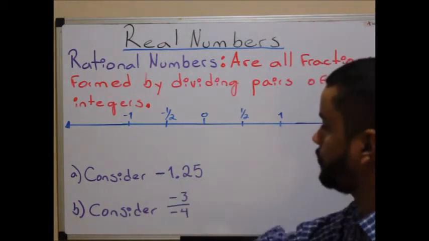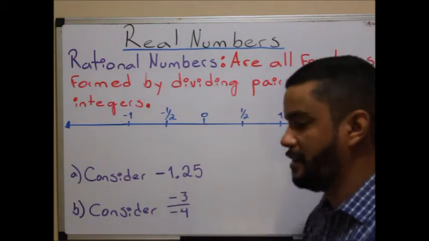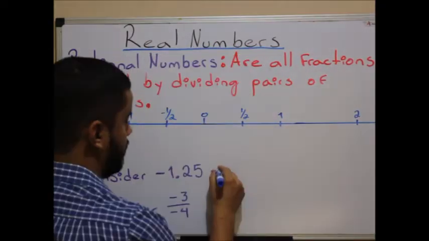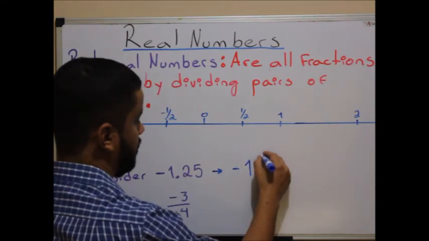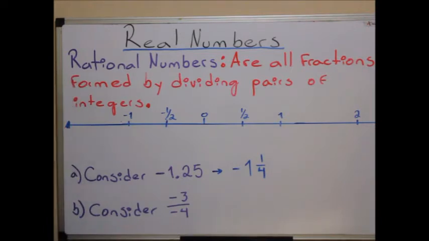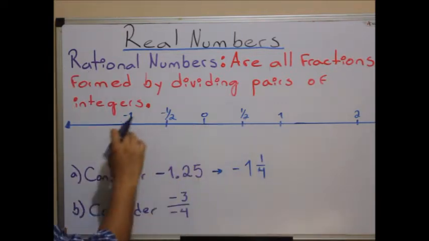Now let's see. Consider -1.25. That -1.25 can also be written as -1 and 1/4. If we place the number -1.25 or the fraction -1 and 1/4, we're talking about this part here.